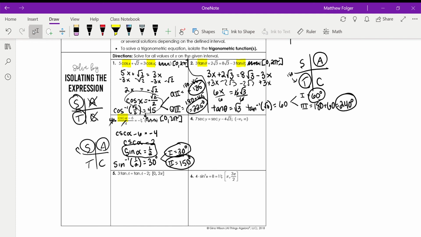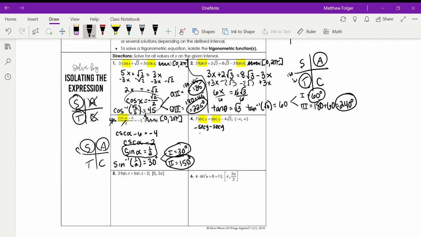Okay, secant. And again, I am going to try to do this without plugging the x in, because it actually does simplify things a little bit. So just remember, these are just like a variable. So think about it as 7x equals x minus 4 square root of 3. Well, what I need to do is subtract this over to combine it with the other side.